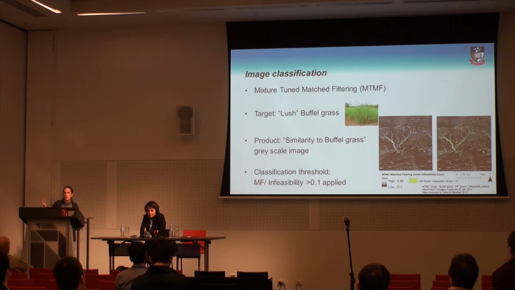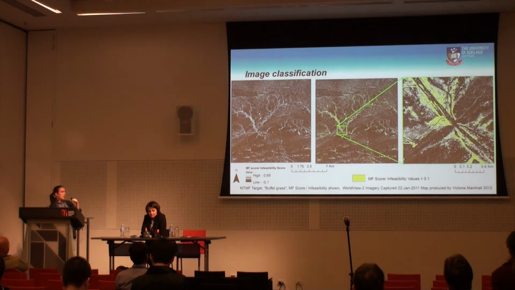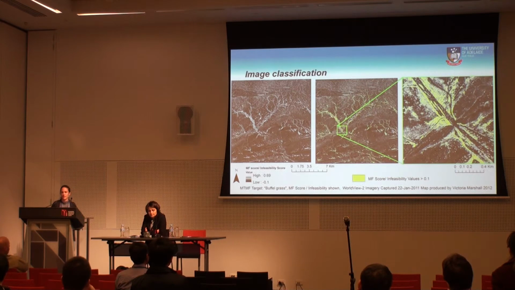So this might look like buffel grass, but I'm telling you it's not buffel grass. So I use the ratio of those 2 images and applied the threshold in the same way as with the NDVI. In this case it was above 0.1 to say I think this is buffel grass.